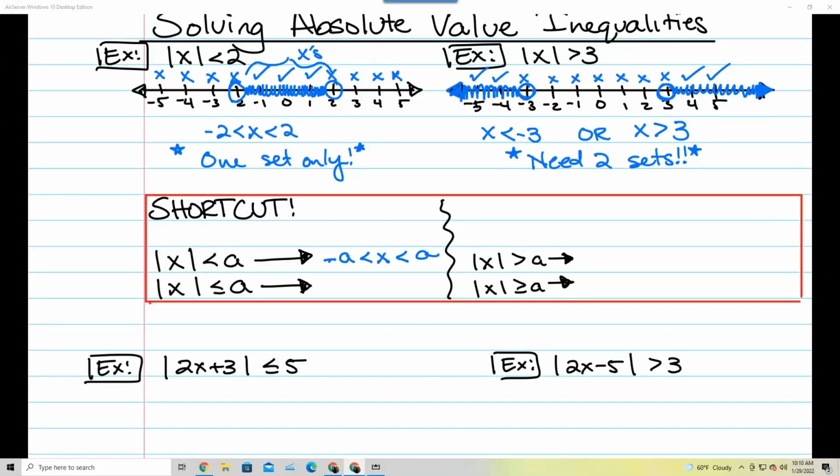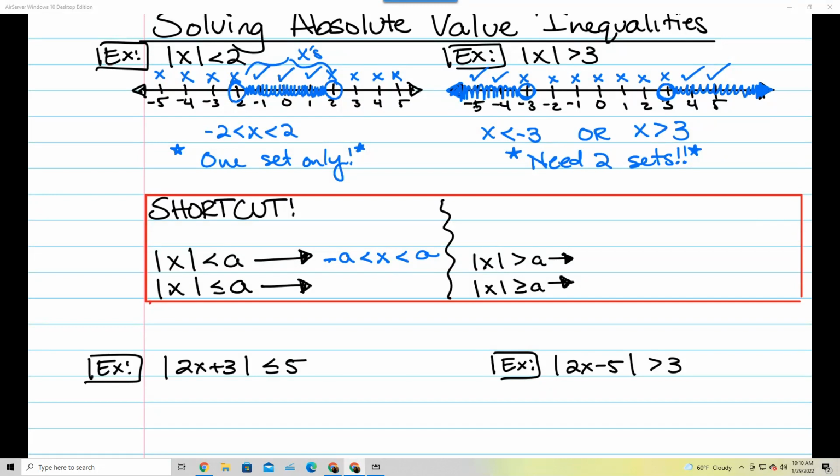Okay, the exact same thing is going to happen on that second one. I'm going to take that A, swing it to the front, make it a -A, and sandwich it. The only difference is this time, because it's a less than or equal to, I need to put less than or equal to on both. So I'm going to sandwich that x in between two numbers. What two numbers?